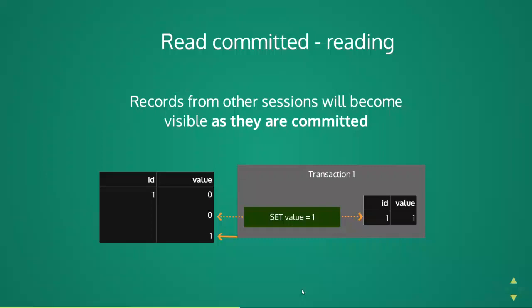So this is the principle of how read committed handles reading. If you have a transaction and it writes a value, then no other transaction can see that write until the transaction is committed.